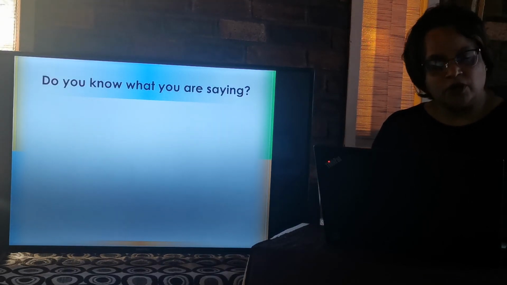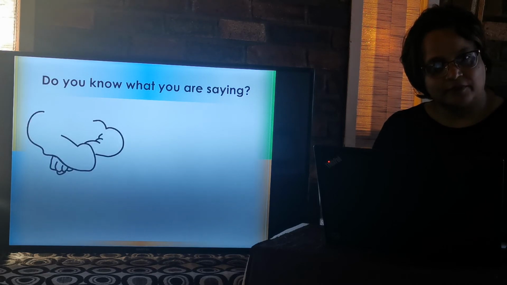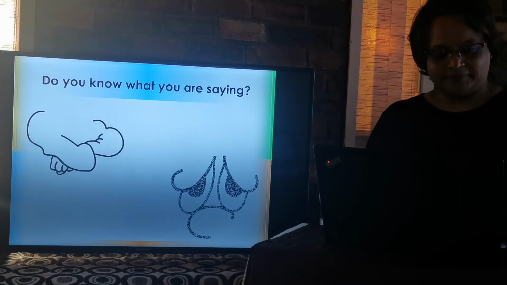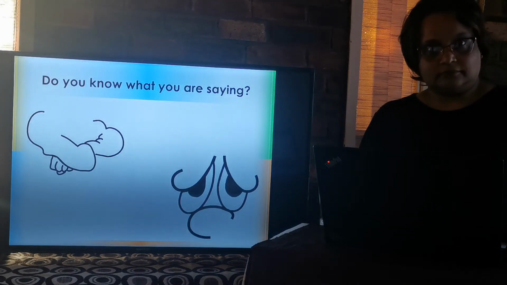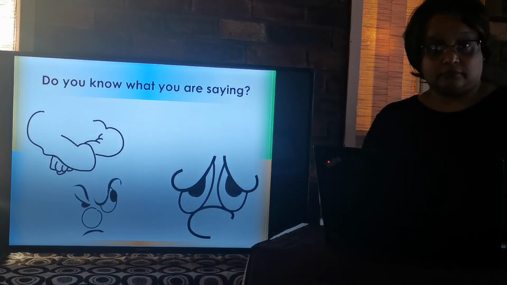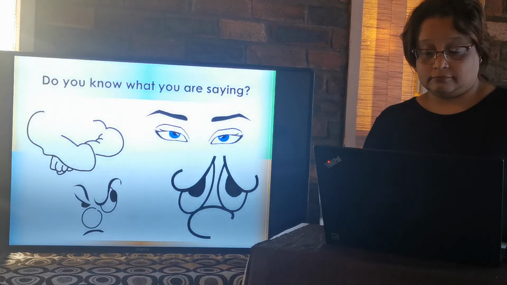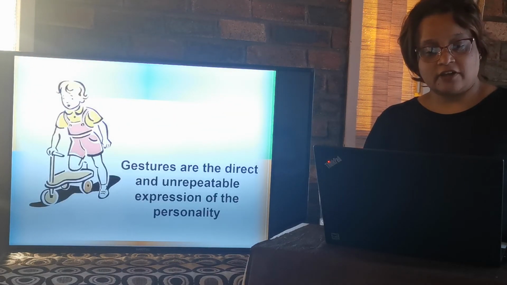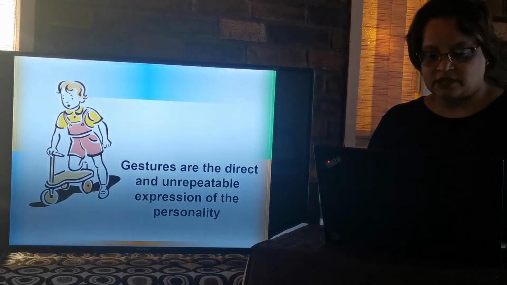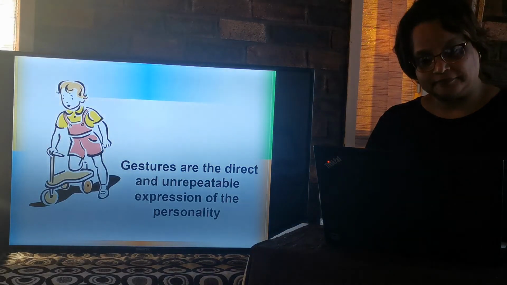Do you know what you are saying if you have those body language gestures? Gestures are the direct and unrepeatable expression of the personality.